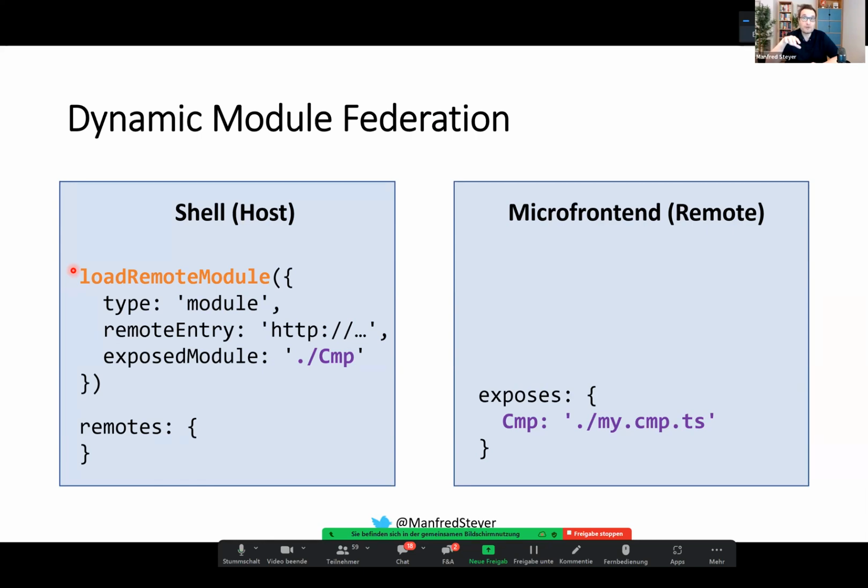Module federation is there at runtime. There are some objects in the global namespace if you compile your application with module federation. And I think we all know what I'm referring to when using the term global namespace. So this helper function is talking with those objects and grabbing something from over there, a component, for instance.